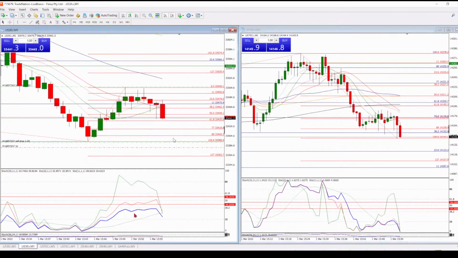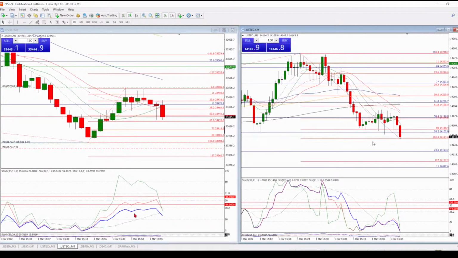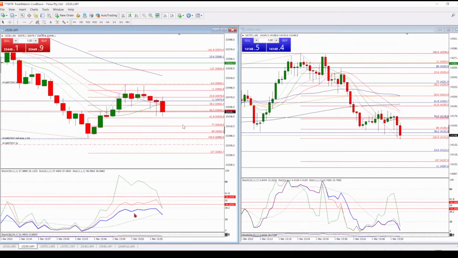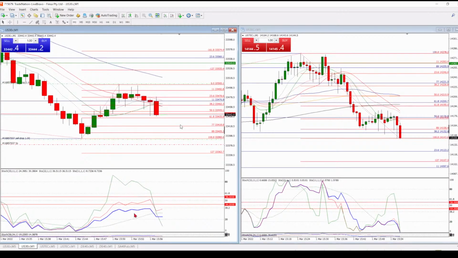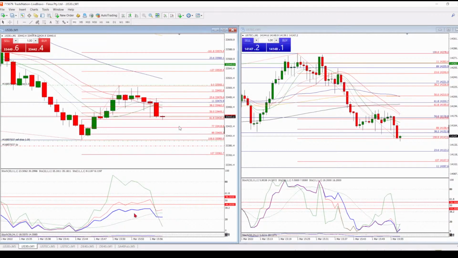Just see what happens. Just see the volatility starting to pick up as we approach that 6 o'clock candle.